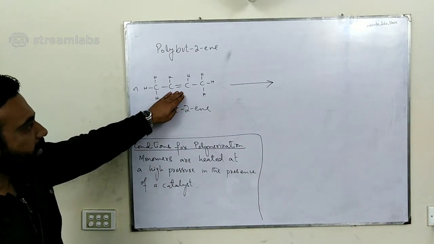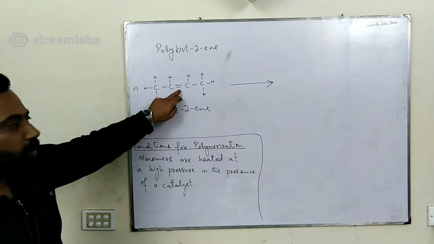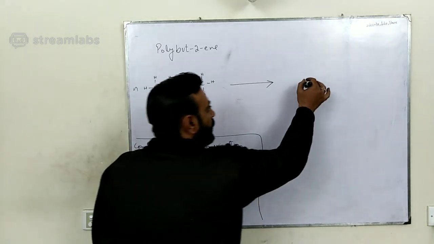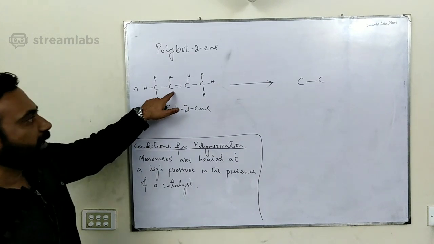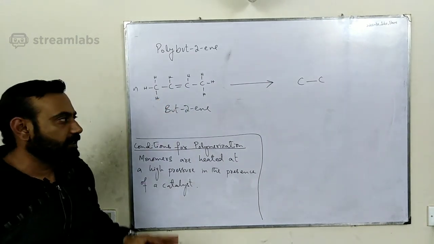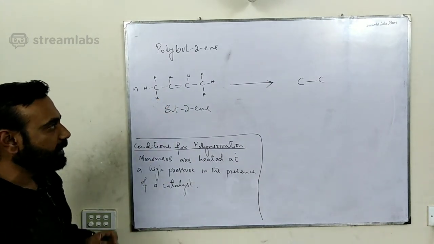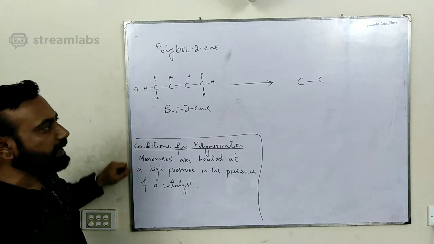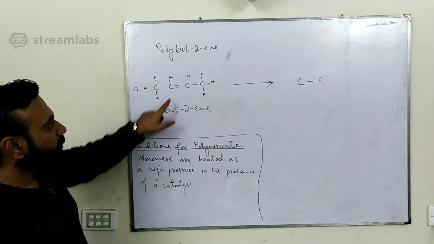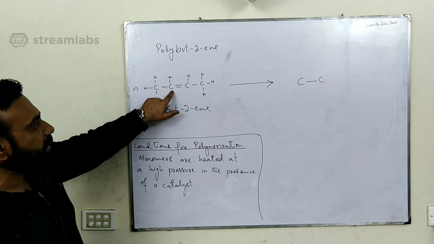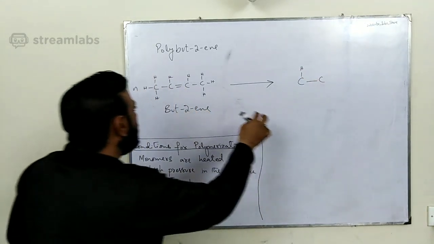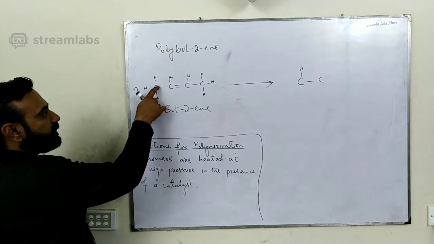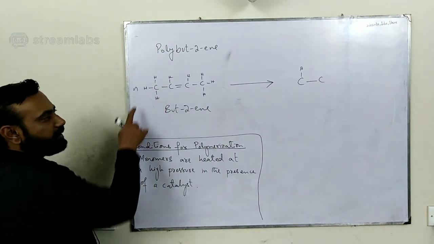Now, again, it is an addition reaction, so one of these bonds would be broken and the carbon atoms will have a single bond with each other. These carbon atoms, which initially had a double bond with each other, now have a single bond with each other. Now look at the radicals bonded to each carbon atom very carefully. First, the carbon atom at the left has one hydrogen, so one hydrogen at the top, and the other radical is a methyl group, a whole CH3 group.